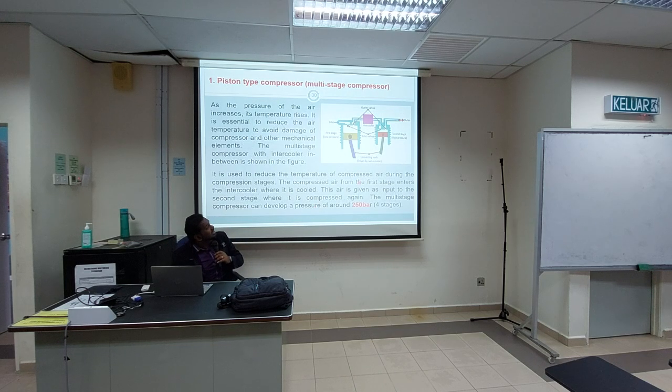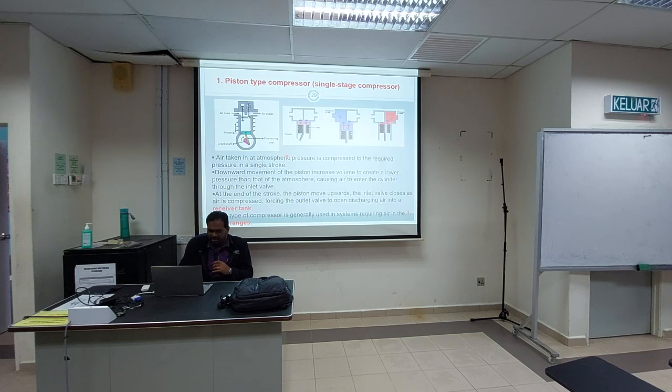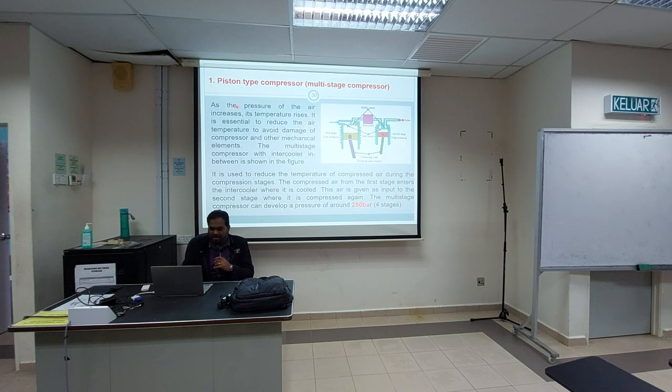Okay, so kalau tengok dekat sini multi-stage compressor, so yang ni maybe ada combination of 2 or more compressor. Macam tadi dia cuma ada satu compressor, satu piston. Yang ni maybe ada 2 piston. Okay, so macam dalam kereta, so kadang-kadang ada sampai 6 piston. So dia kena compress banyak. Okay, in order to do whatever is supposed to do lah.